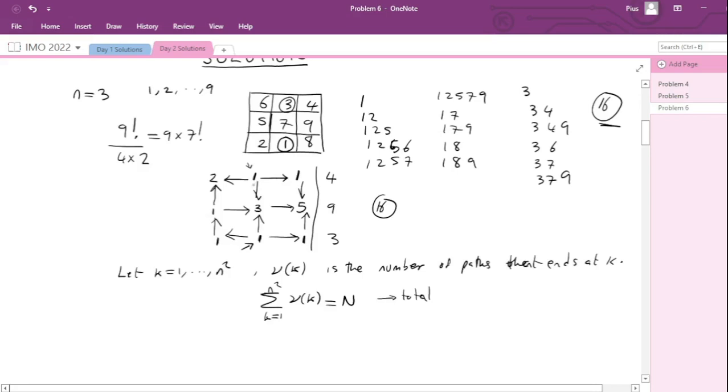So for example, now if we look at those ending at 7, they will be this one, this, and this. So that's like one group. So we group them based on their endings, and then we have each of these v's. So if you add it up, we just get the entire collection of paths. So we get the total number of paths for this specific Nordic square.